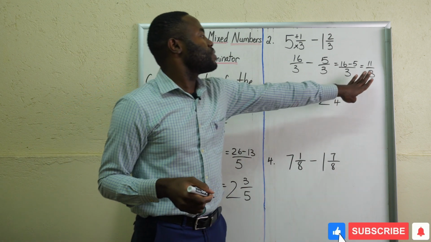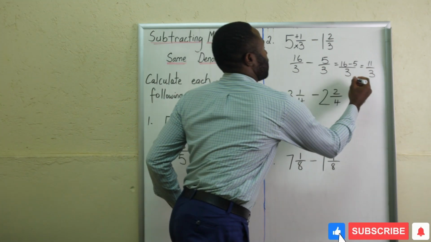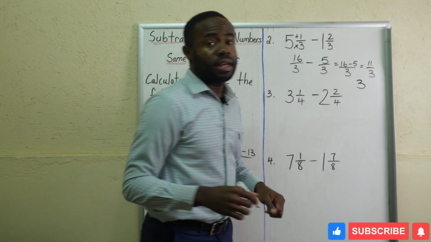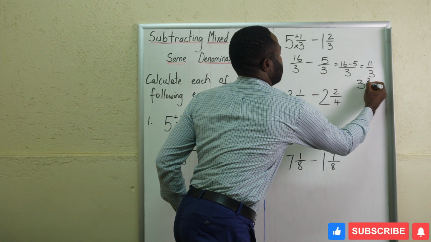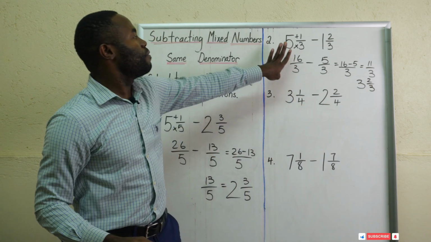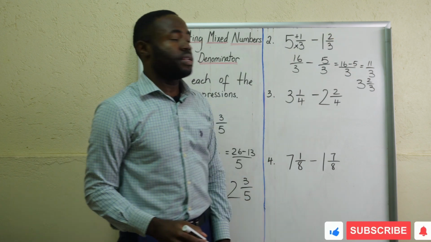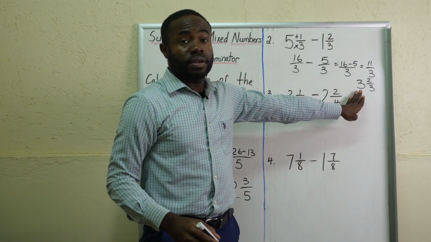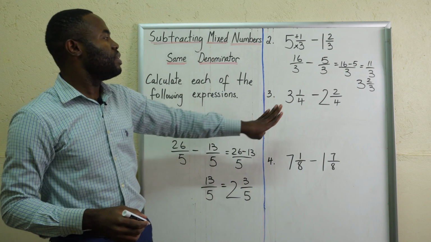Let's divide. So 3 into 11, that goes 3 times, and that will leave us a remainder of 2. And then we write back our denominator, which is 3. So 5 1/3 minus 1 2/3 will simply give us 3 2/3.